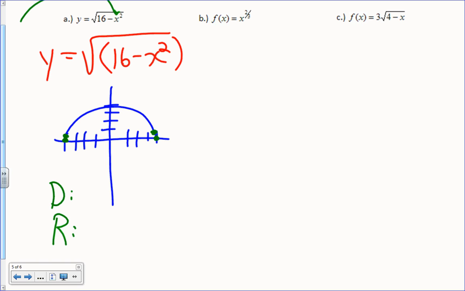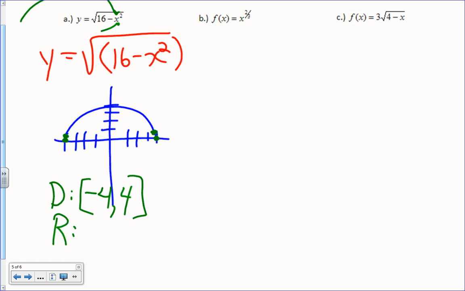What's that, not -4 or at -4? -4 doesn't work? -4 works. It gives you a response of 0. Your calculator doesn't tell you that. But again, if I put -4 in there and I square it, that's 16. 16 minus 16, 0. Square root of 0, 0. Right? So it is -4 to 4, both of which are included. Although your calculator does not make it look that way.